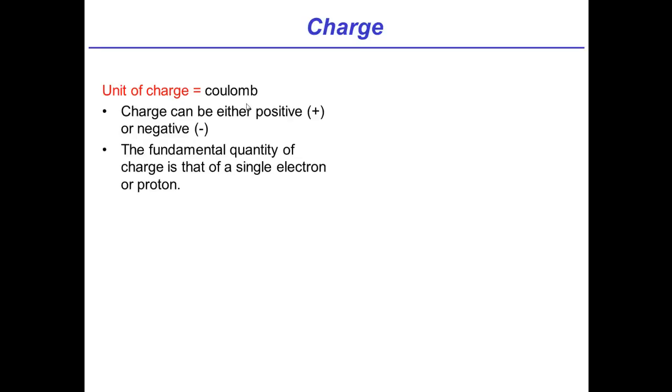Now, in terms of what provides charge in electronic systems, the fundamental quantity of charge that we talk about is the minimum charge that exists in nature, and that is the charge on a single electron or correspondingly on a single proton. We typically denote this charge by a letter, and the letter we commonly use in engineering is the small e.